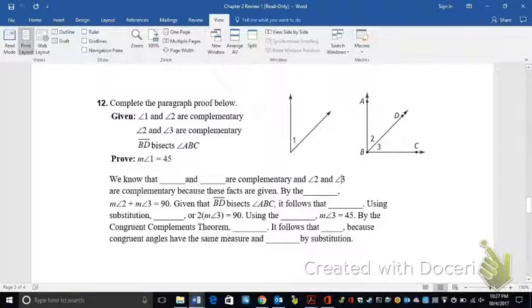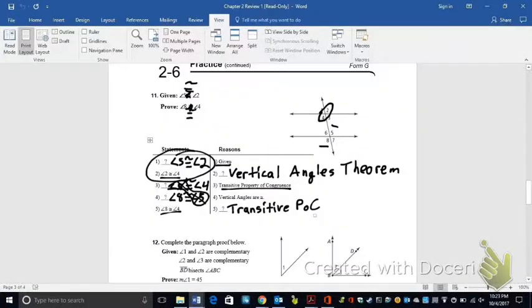So let's look at that first sentence. We know that blank and blank are complementary and that 2 and 3 are complementary because these facts are given. Well, 2 and 3 are complementary is a given, and the only other blank we could fill that in is angle 1 and 2 are complementary.